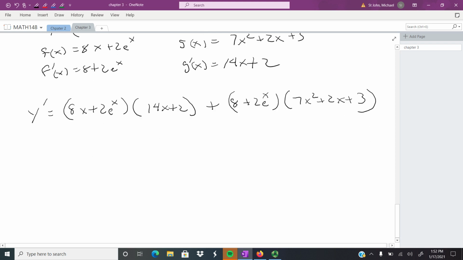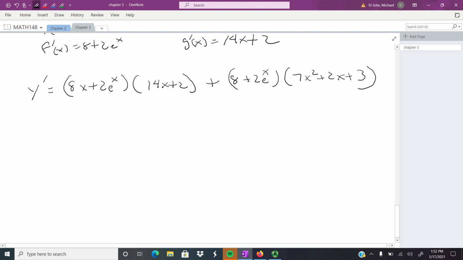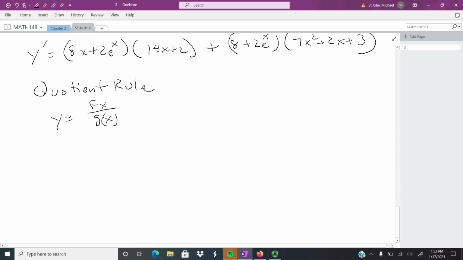Well, besides that rule, we then also have in here the quotient rule. And so now, y is in the form of f of x over g of x. And again, we want to know what is f of x, the derivative of f, we have our g of x, and we want to know the derivative of that.